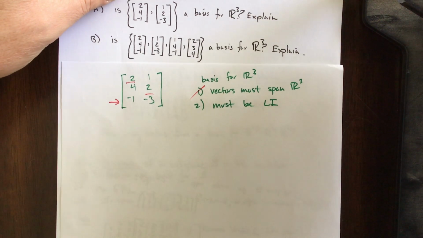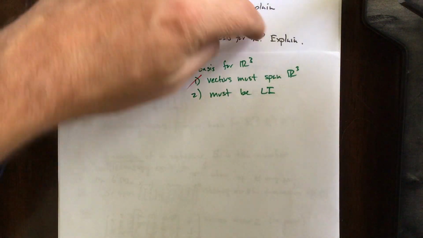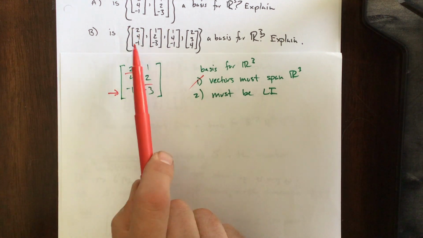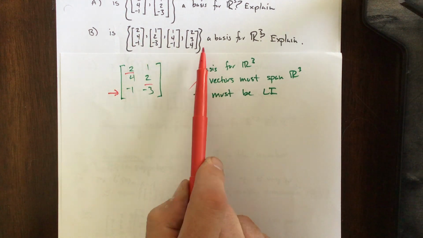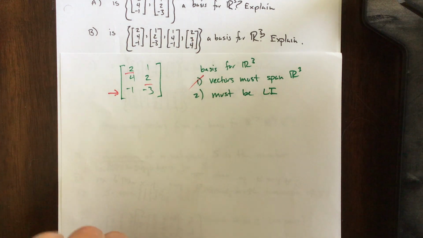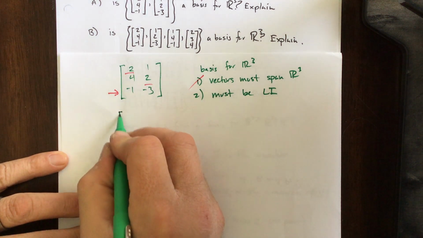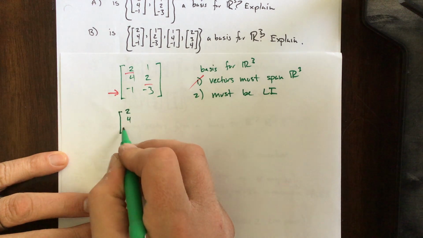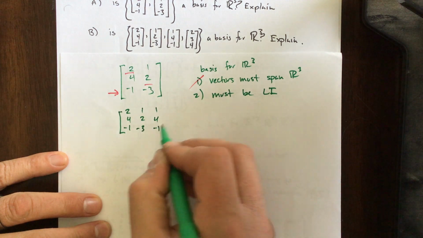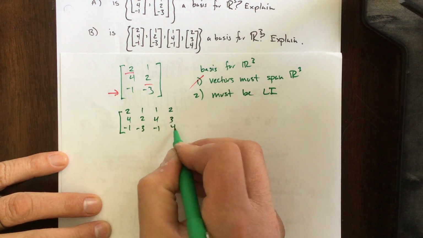Okay, part B. Is this a basis for R3? What I've done is take the two vectors above and add two more vectors, (1, 4, -1) and (2, 3, 4). So we have (2, 4, -1), (1, 2, -3), (1, 4, -1), and (2, 3, 4).